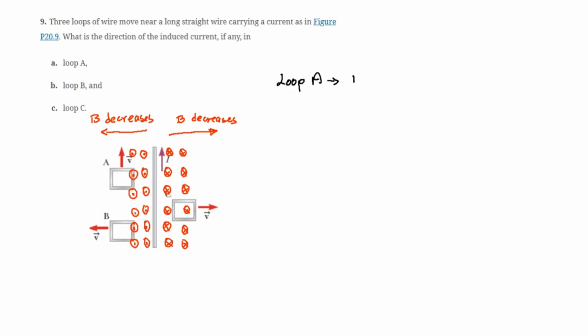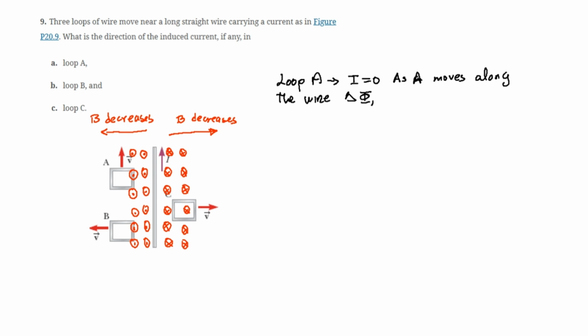Why? Because as A moves along the wire, the variation of magnetic flux is 0, right?